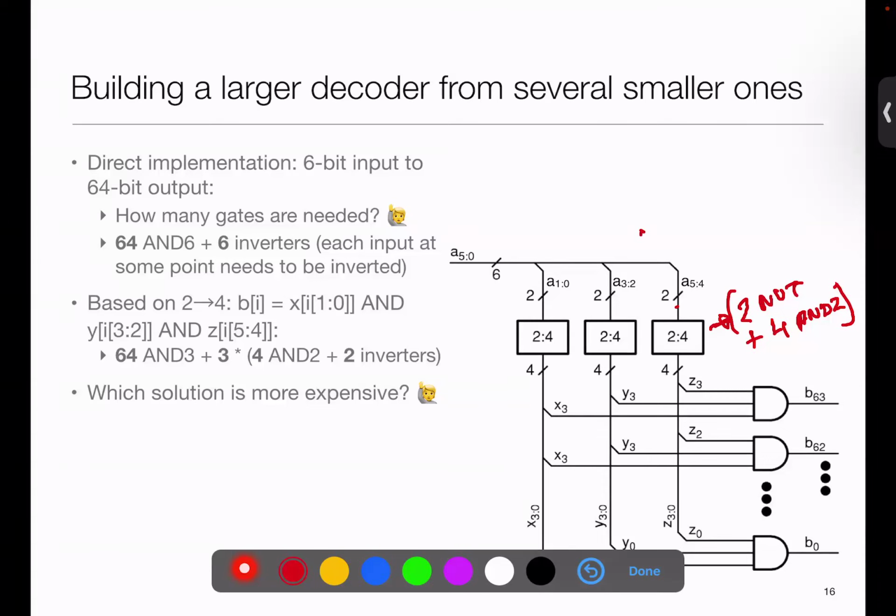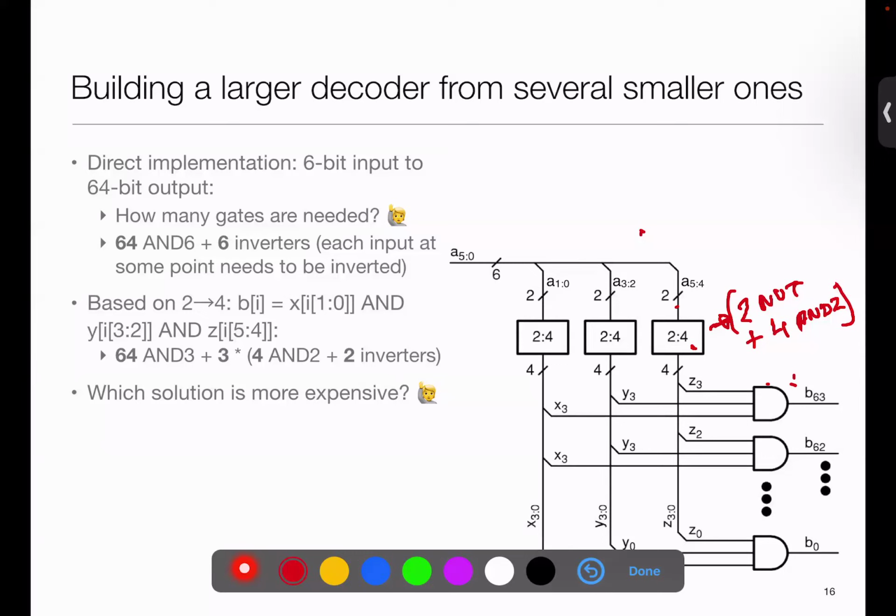What about the speed? Well, it's going through 3 levels of logic, right? Because 2 within this and then this, right? So if I count how many stages of logic gates is going from input to output, this new solution is going through more stages. So maybe it has bigger delays. That part is less clear because gate delay depends not only on how many stages of gates you're going through, but also how big those gates are.